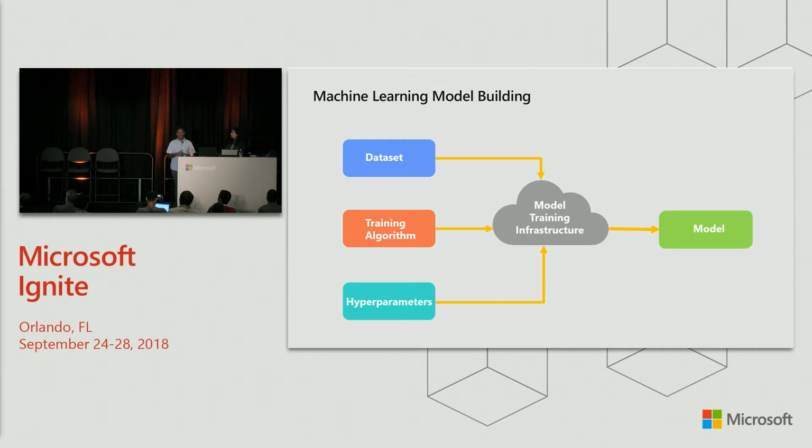Each of those algorithms has hyperparameters that you need to tune. Use the machine learning model training infrastructure, any compute, cloud compute, or local computer. The output is a machine learning model you can deploy or integrate into your line of business applications to start doing the predictions.